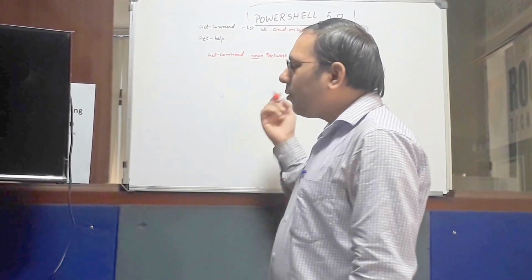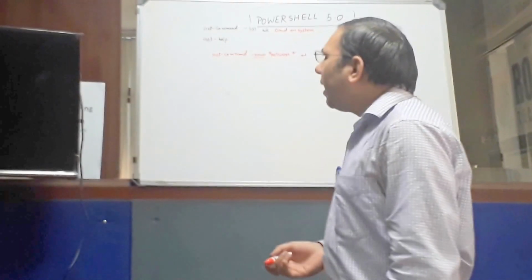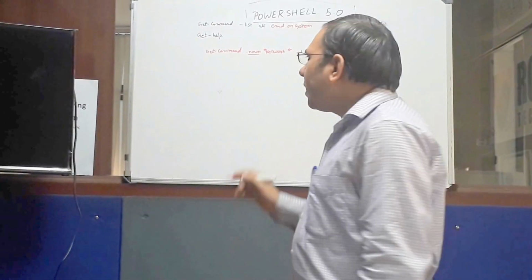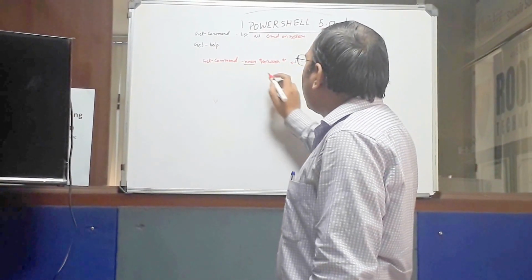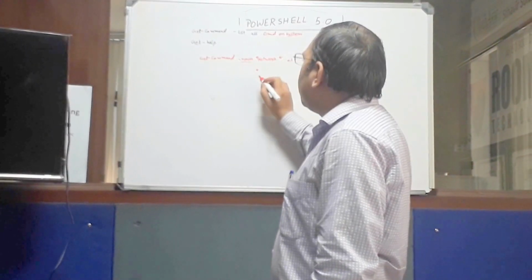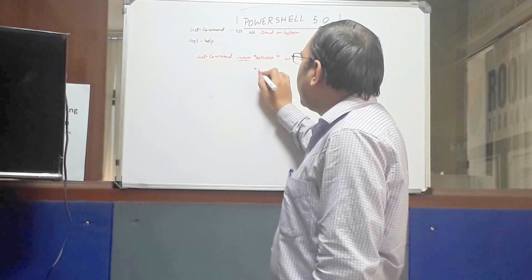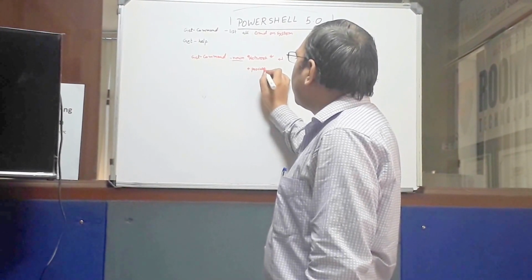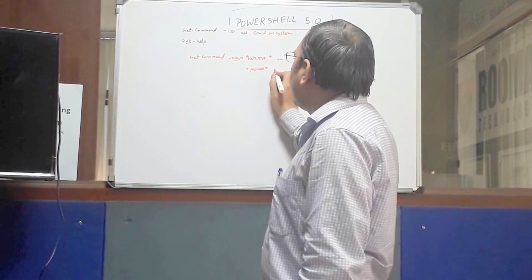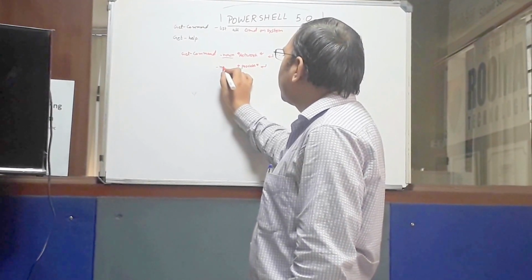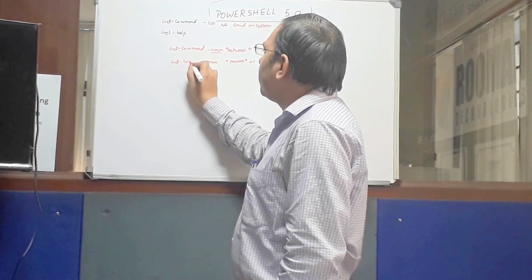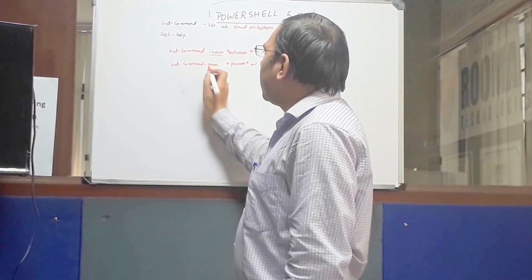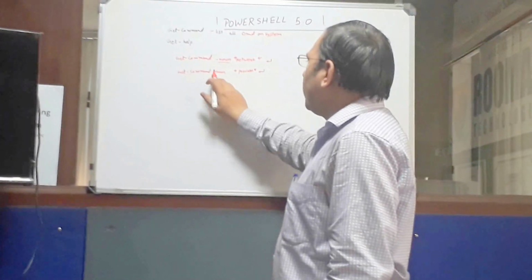Out of that you will pick any command, and then you want to use it. So in that case, before using it, you want to know more about that specific command. For example, if you say process and you say noun, then we will know that you want the process.